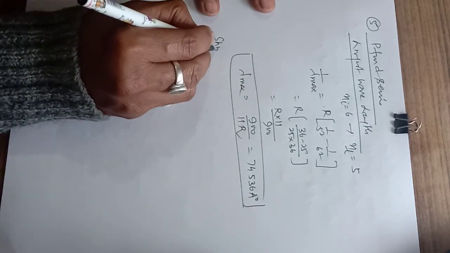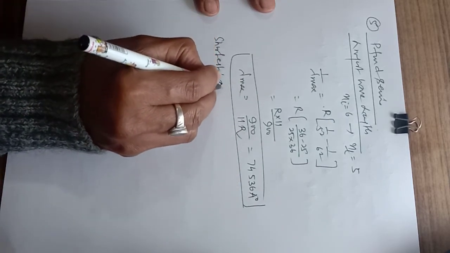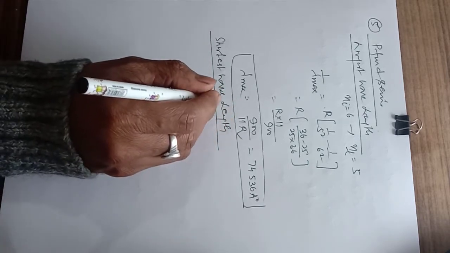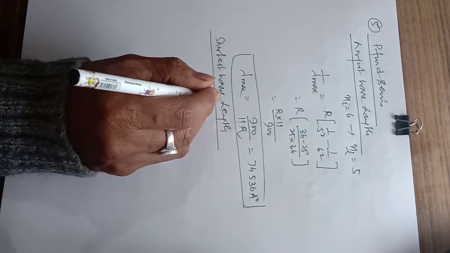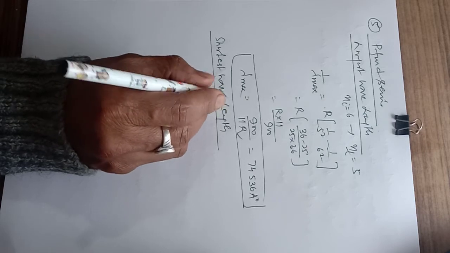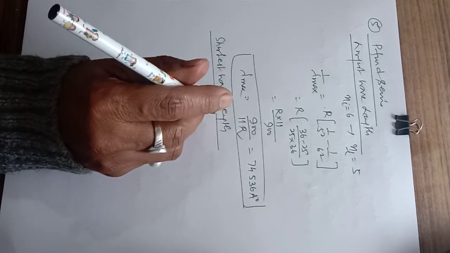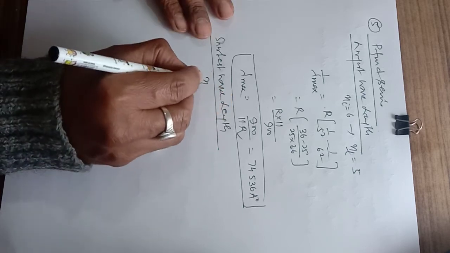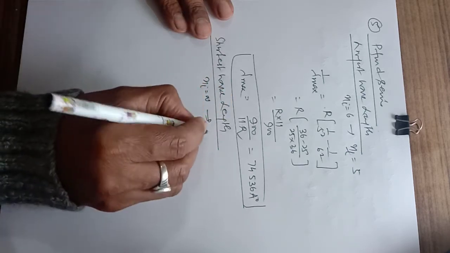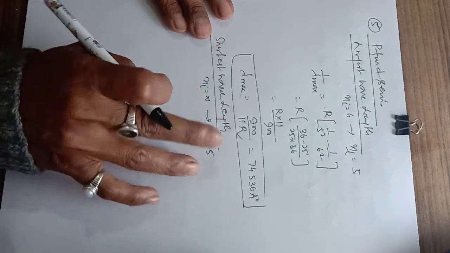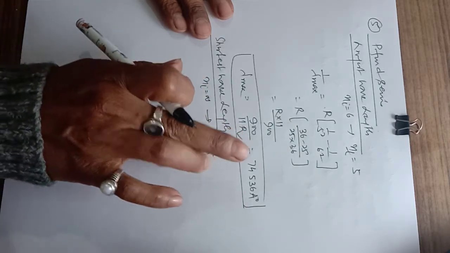Longest. Now the shortest wavelength, when Nf is equal to 5 and Ni is equal to infinity, that is the transition of the electron from infinity to the fifth orbit.